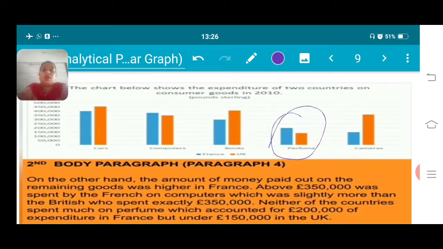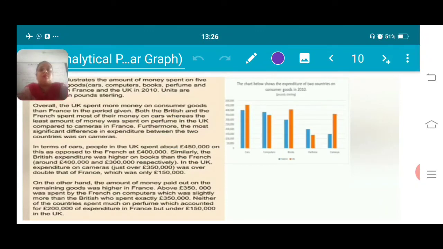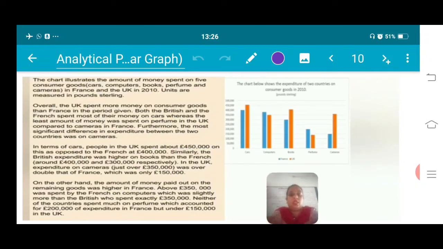So like this we have finished our analytical paragraph when we have to do the bar graph. Let's see the quick recap of this, how we have completed.